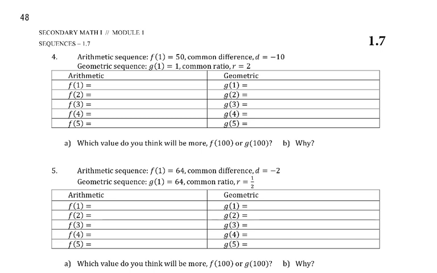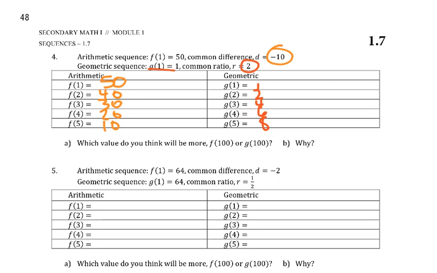So let's keep looking at these. Start at 50, and we're subtracting 10, so 40, 30, 20, 10, and so on. Then the geometric, we start at 1, and we're timesing by 2. So 2, 4, 8.